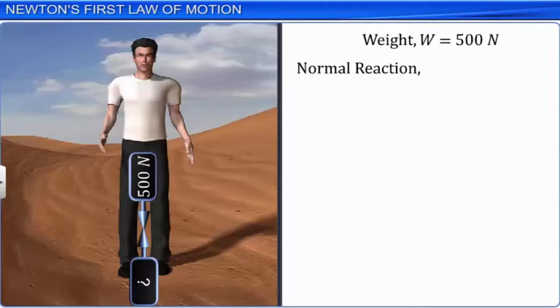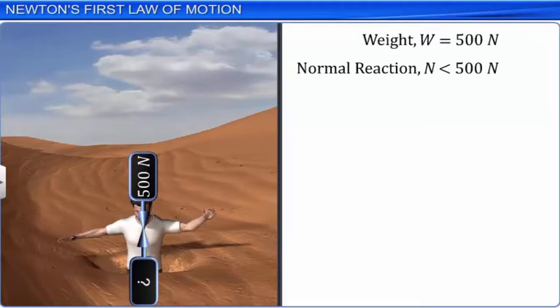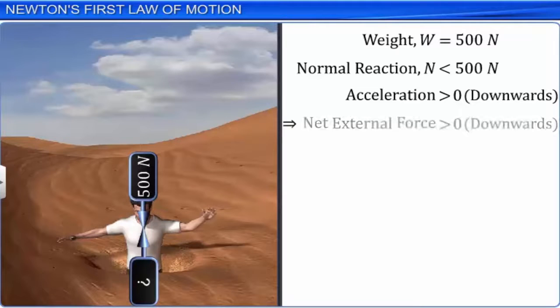It is definitely less than 500 Newton. How did you come to this conclusion? Simple. You are sinking into the quicksand. That means you have an acceleration vertically downwards, which implies that there is a net external force acting vertically downward.